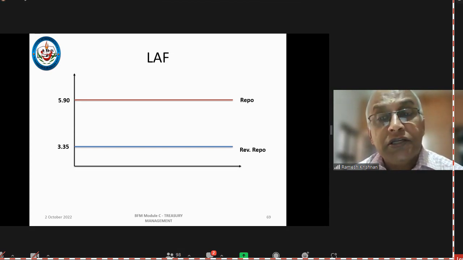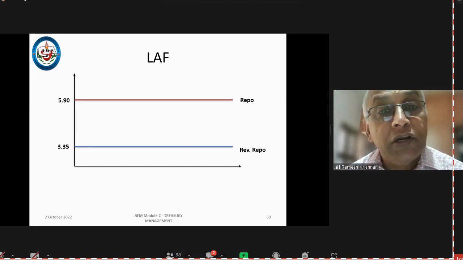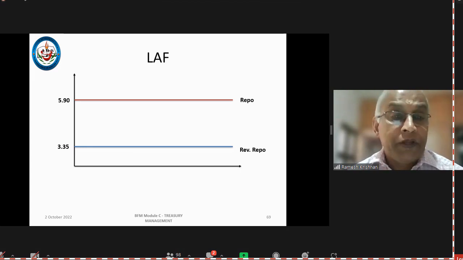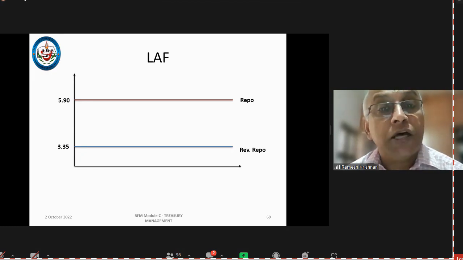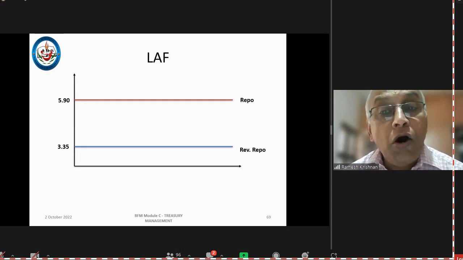Repo means RBI is willing to give money to banks against government securities which the banks are willing to park with RBI. So the investment books of the banks come down and the RBI balance sheet goes up. So the bank should have surplus SLR to borrow from RBI in securitized form.